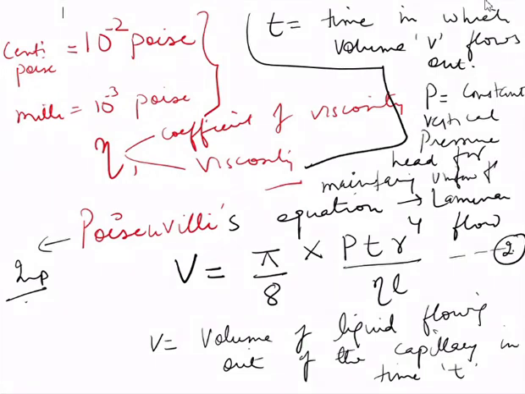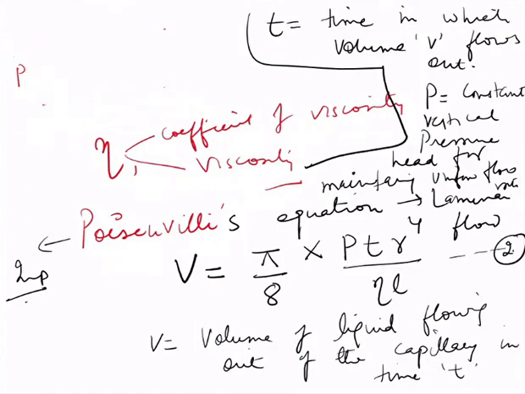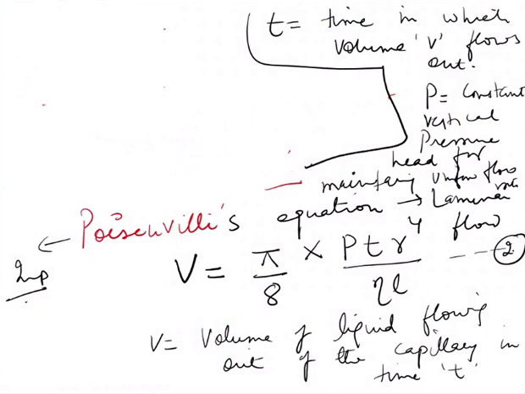Uniform flow rate is basically your V by t. Okay class, clear till here?